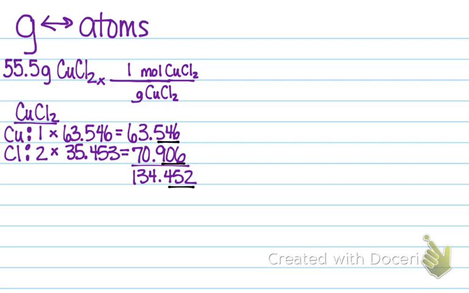So now I'm going to put that number up in my problem. So I use 134.452. I kind of ran out of room there, but that's okay. It happens. So now you're ready to do a secondary fraction, where you get rid of the number of moles, because I don't want moles, my goal is to get to molecules.